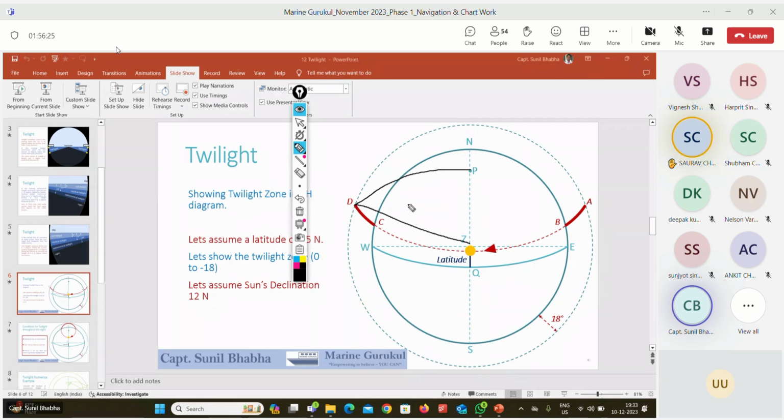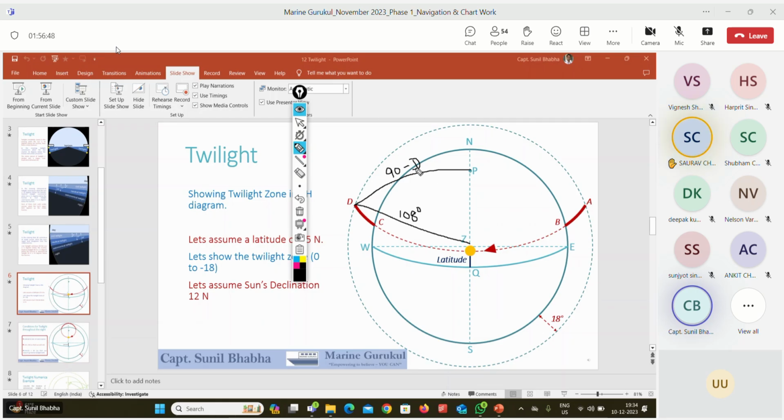Now in this case, beta, PD will remain exactly the same. It is going to be 90 minus declination. It is not going to change. But ZD, 90 plus 18, is going to become 108. Understood, sir?